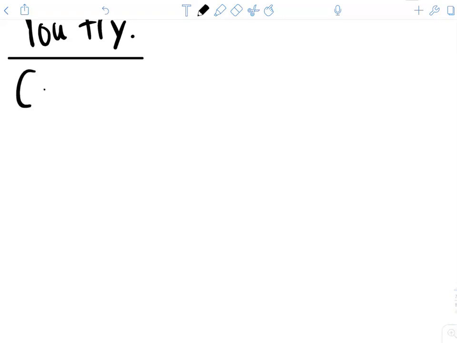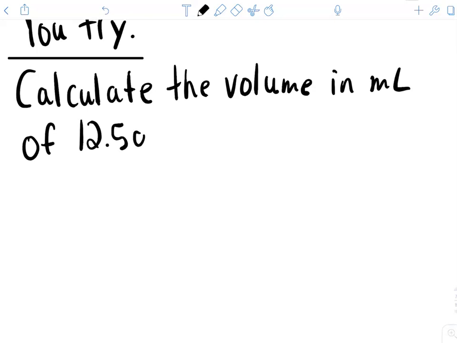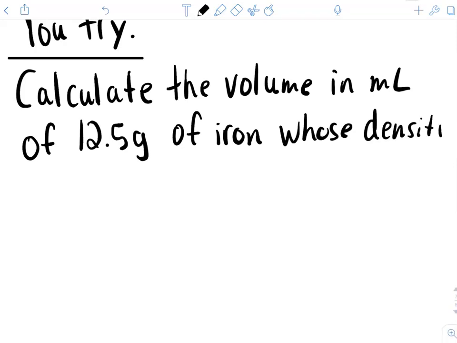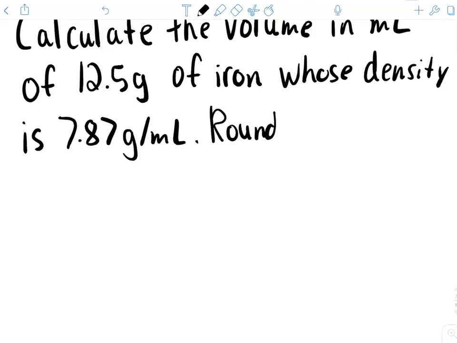So calculate the volume in milliliters of 12.5 grams of iron whose density is 7.87 grams per milliliter, and then round to 2 decimal places.